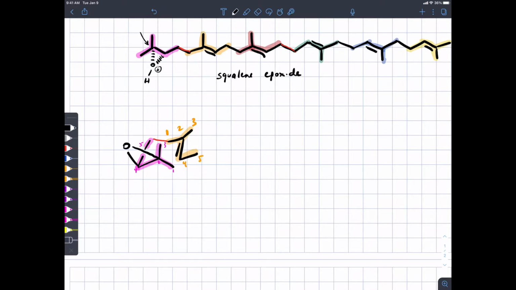And you can see how if we protonate this epoxide, the carbon that's going to be electrophilic and have the partial positive charge on it is very close to the alkene, right? And so you can imagine that alkene acting as a nucleophile and attacking the more substituted carbon to make a new bond between orange 4 and pink 2. But notice that doing so is going to leave a positive charge on the more substituted carbon.